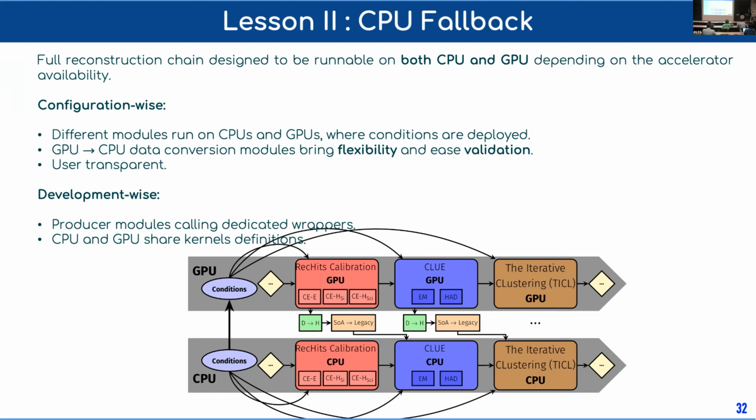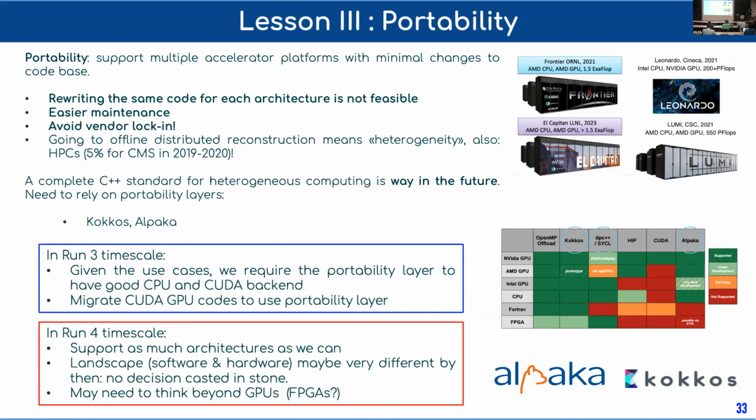It doesn't matter. The only thing that changes is that on GPU you launch it by declaring how many kernels you want, and on CPU you simply launch it. But of course, this is not easily maintainable. It means a lot of code duplication, and so the next thing that will happen in CMS in the next months is regards to portability.